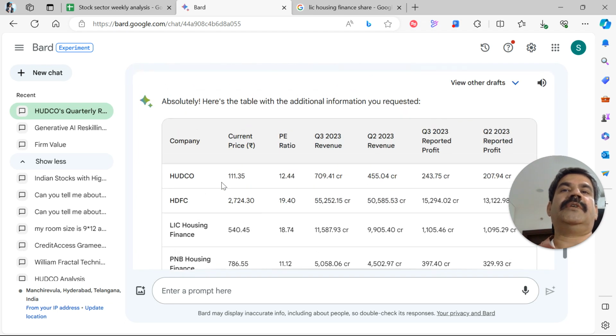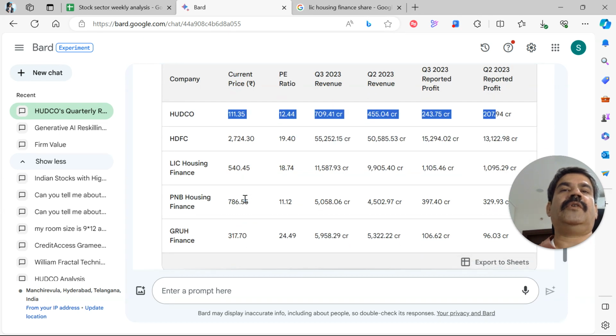I see that the numbers, because I know the HUDCO numbers fairly well, are in line with what the quarterly results have indicated, and we will also be comparing these numbers and trying to figure out if these results were accurate. But when I compare it with ChatGPT, obviously, because ChatGPT is more about text and it doesn't have access to the financial data, it's very difficult to get this kind of an outcome.